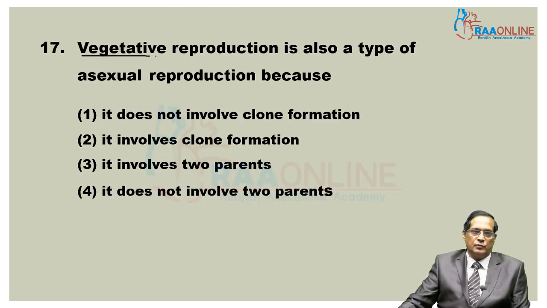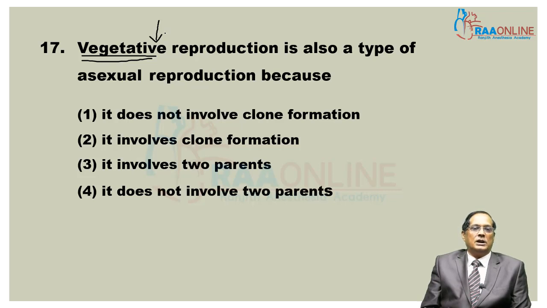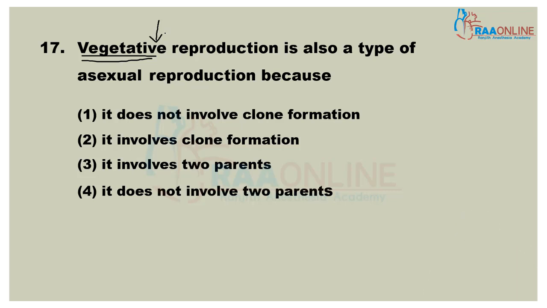Then vegetative reproduction. Vegetative means body; it is also called somatic reproduction. That is, a body part in plants: if it has a bud, that portion acts as a propagule, and if it is kept in the soil, it will develop into a new plant body. Here the parent is one, and the mode of division is mitosis, uniparental, with no gamete formation and no fertilization.